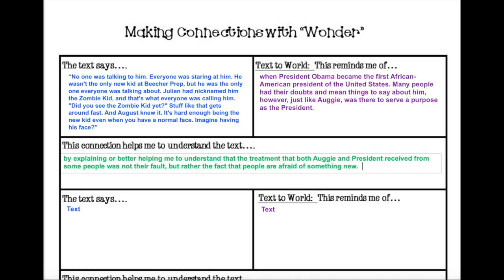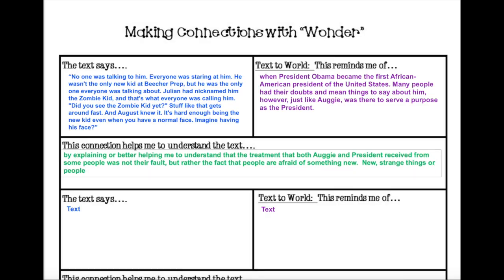So I came to the point that people are afraid of something new. New, strange things or people make others feel uncomfortable, and their reactions to these changes are not always positive.